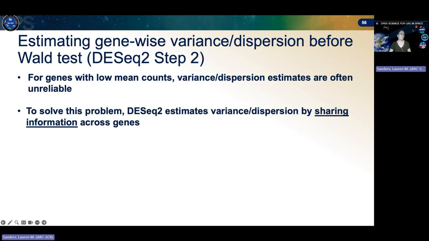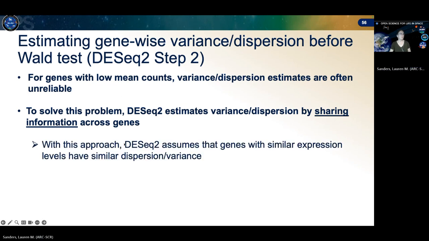So to solve this problem, DESeq2 estimates variance and dispersion by sharing information across genes. It's important to have these reliable variance estimates for the Wald test. With this approach, DESeq2 is assuming that genes with similar expression levels have similar dispersion or variance.